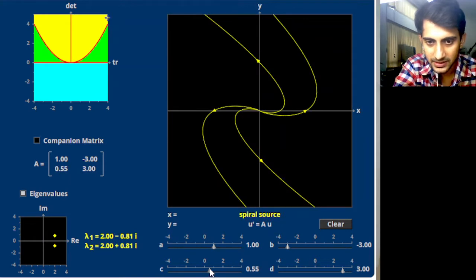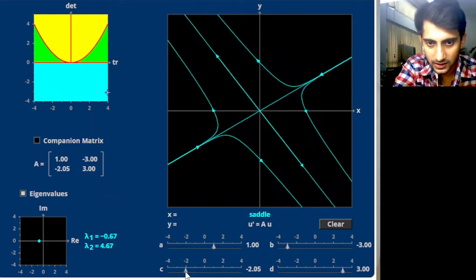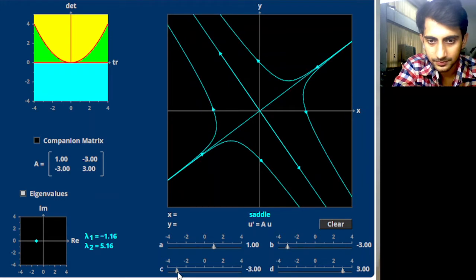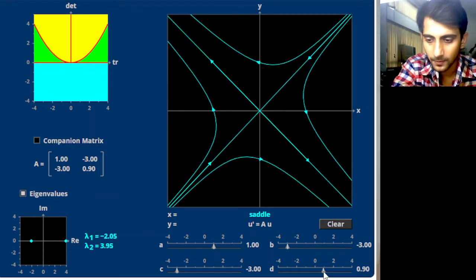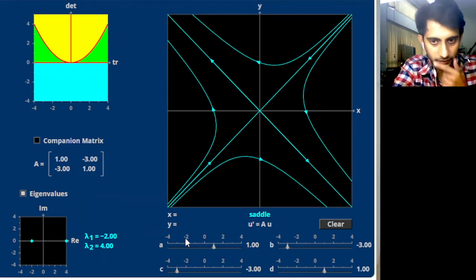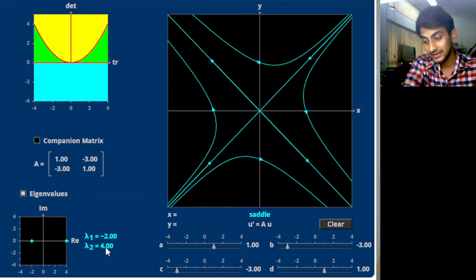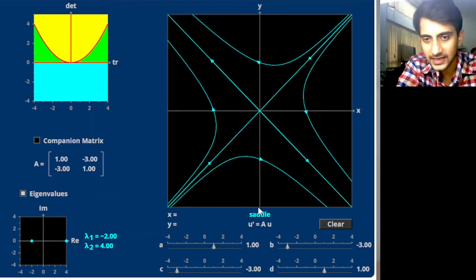Here we have one eigenvalue which is positive and the other eigenvalue which is negative. And in that case, you see, we are getting a saddle point.